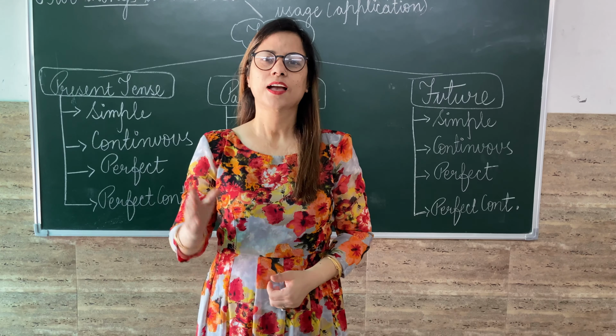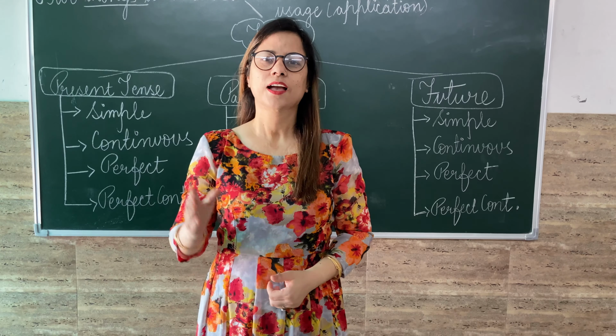Now let's have a look at its rule. In simple present tense, we use subject, then verb first form, then object. I hope you all know verb first form, second form, third form.